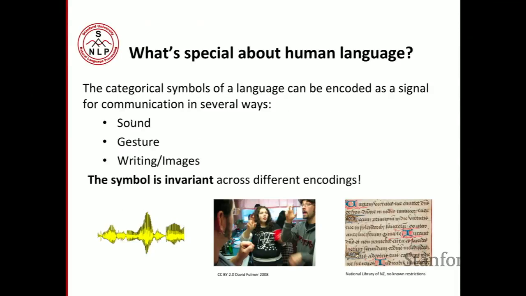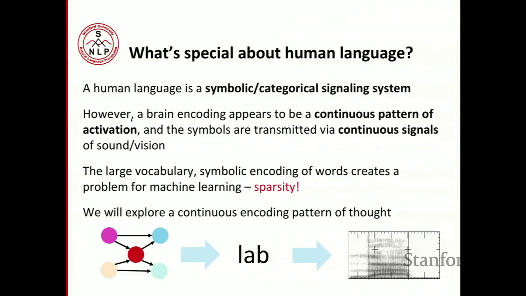And what's tricky is we can often have different instantiations of these signals. So we have sound, we can have gestures, and sign language, and we can have written language, and so on. And they all essentially can mean the same thing, but it's always something discrete. On the other hand, our brain encoding doesn't have a discrete signal in it.